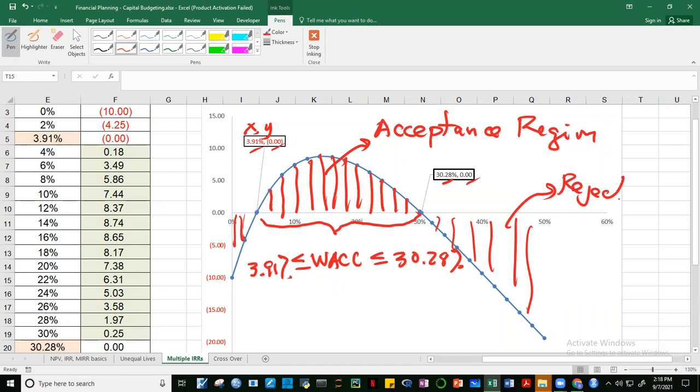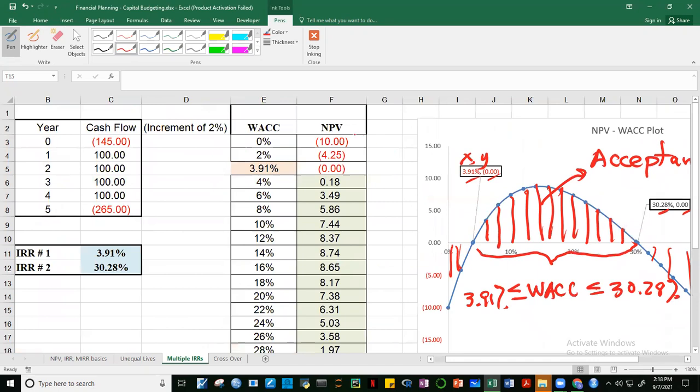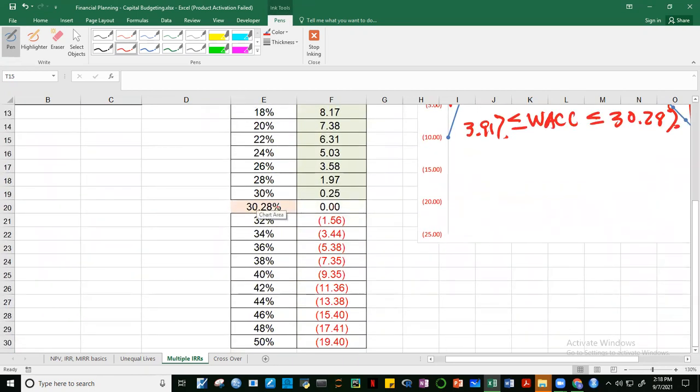Reject natin yung project since, diba? Kung titingnan natin sa table, ayan no, mga negative yung mga NPVs natin. Less than 3.91. No? Okay, dito naman, greater than 30.28. So, kunyari 30.29, 30.30.